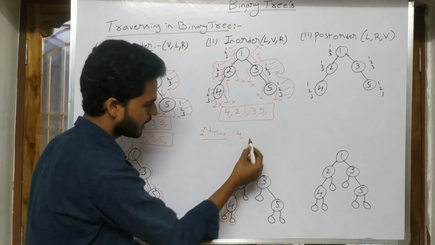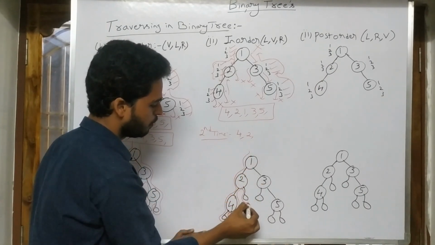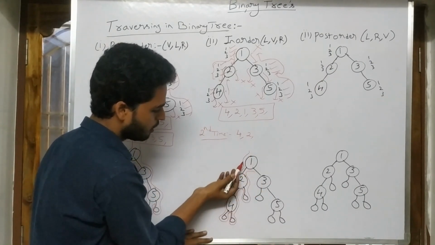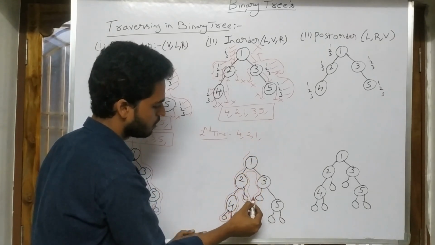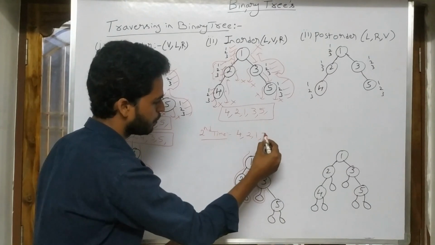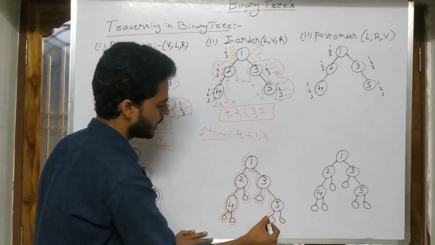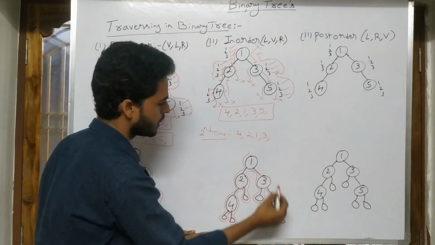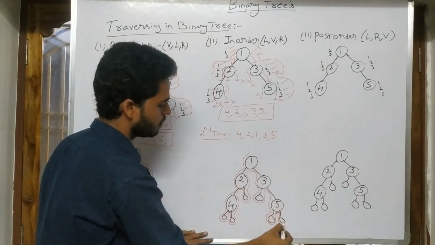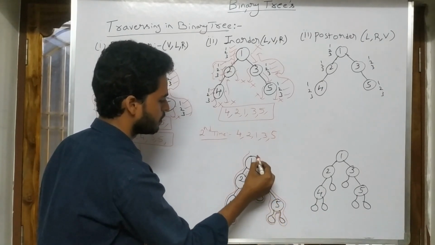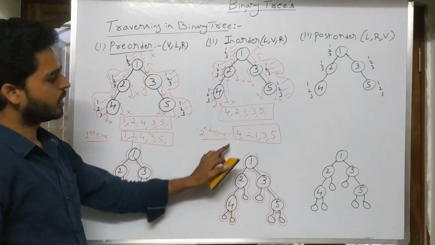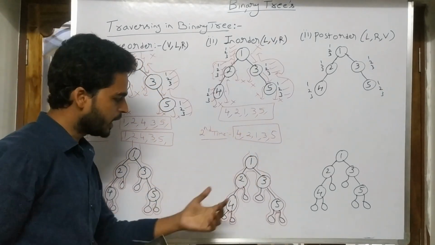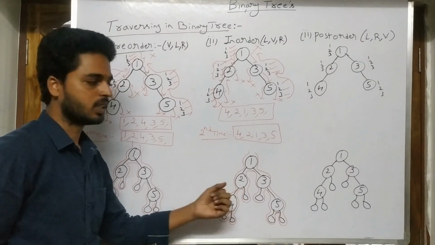This is first time, this is second time. 2. Dummy node I won't consider. First time completed, second time touching. So this is my corresponding in-order for the given tree that I am printing using second time traversing.